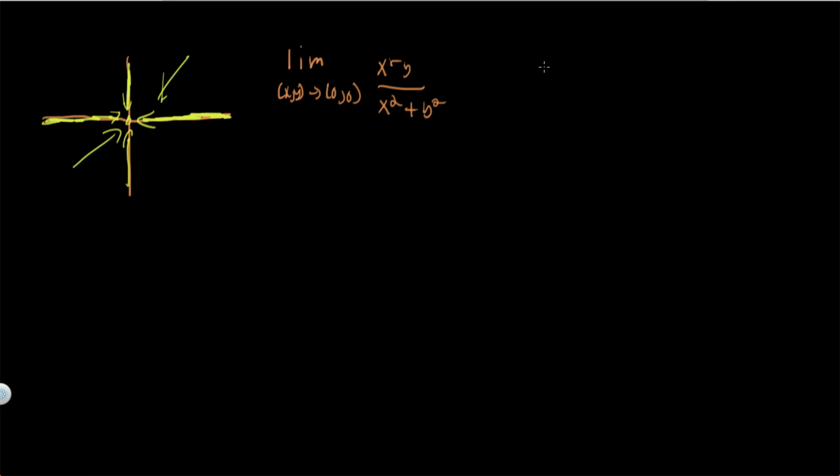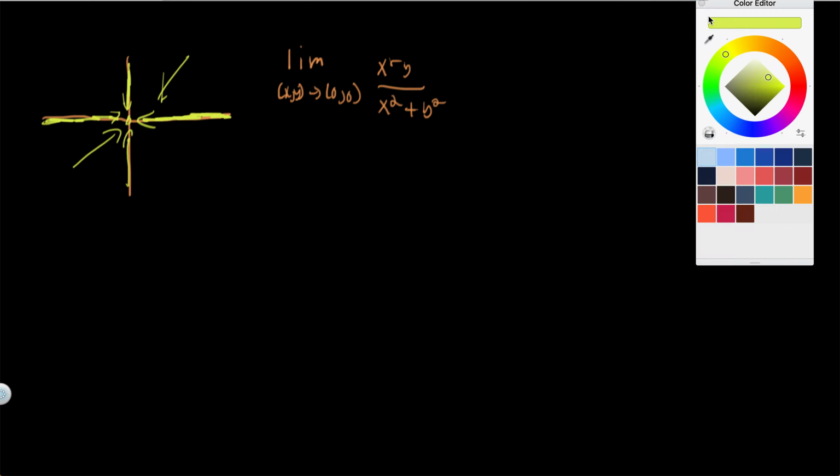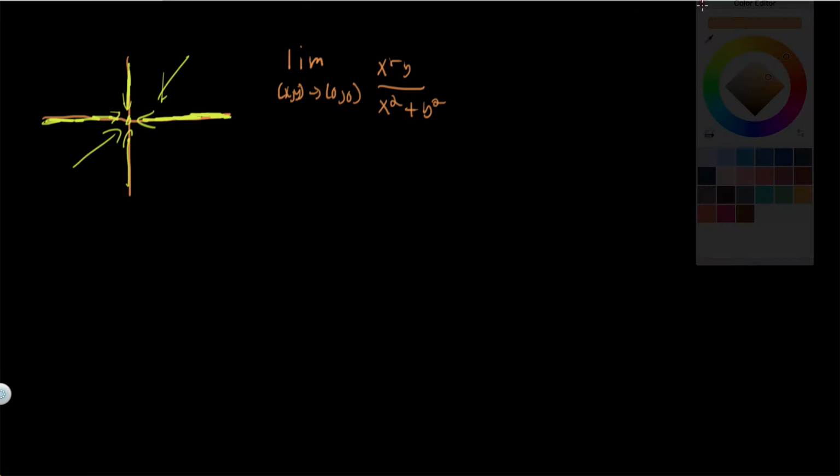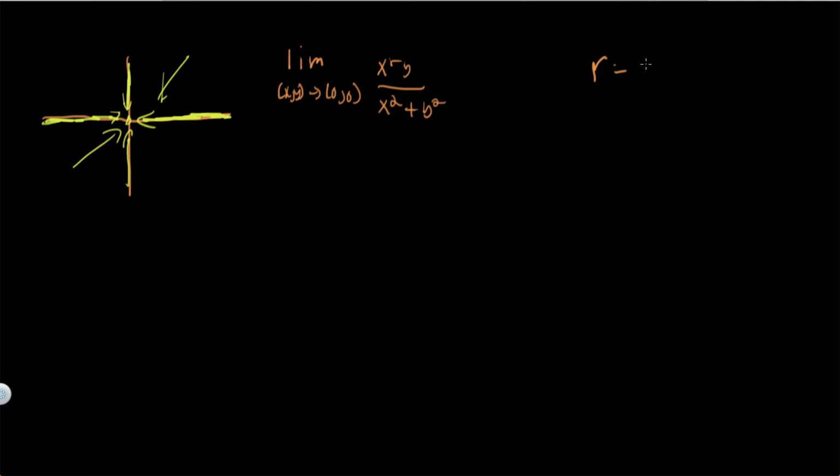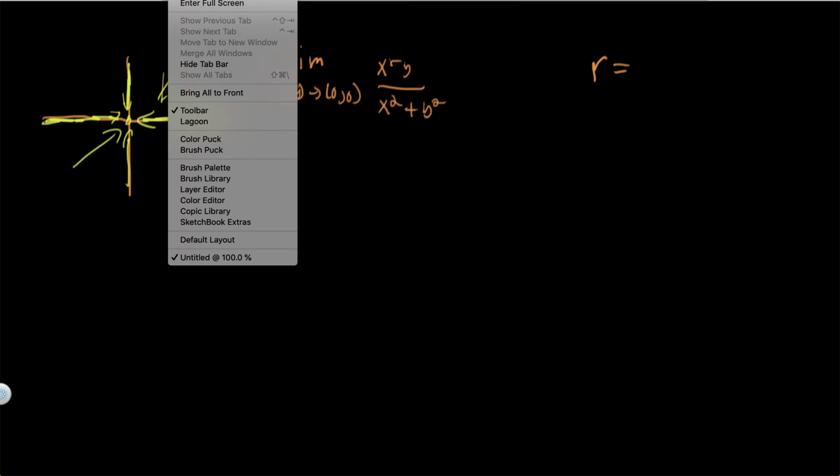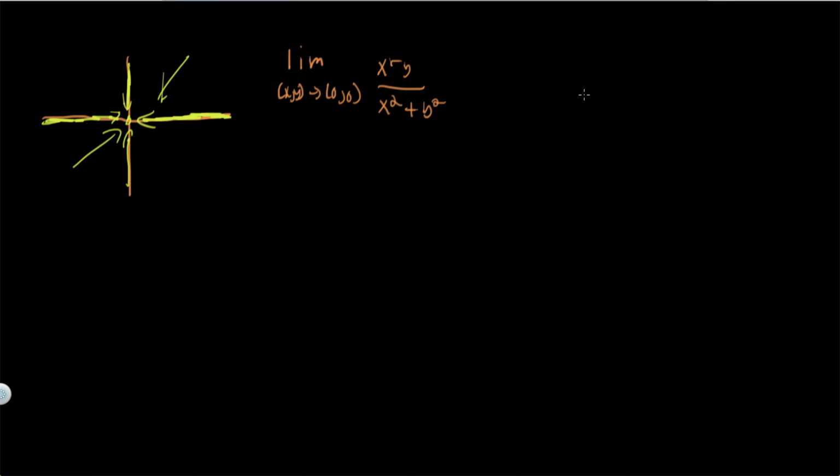So we're going to do that by using polar coordinates. And I'll explain why we're using polar coordinates afterwards. But for now, we're going to let x equal r cosine theta, and then we're going to let y equal r sine theta.